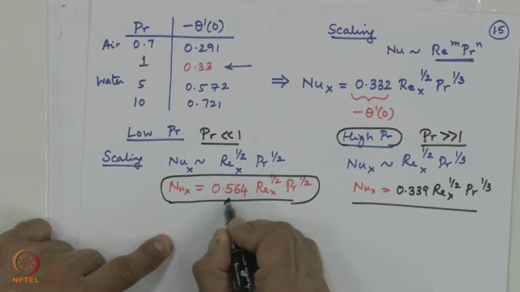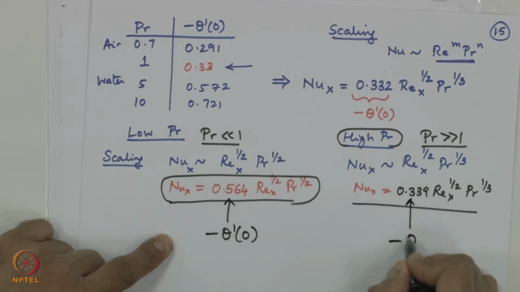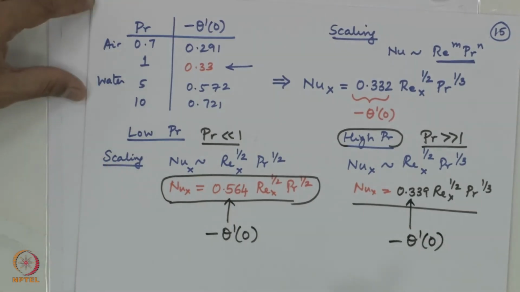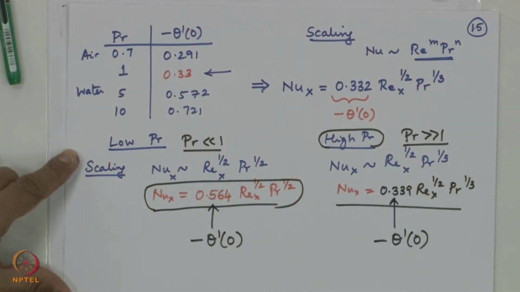What I got as coefficients, which is minus theta prime of 0, was by running this solution using some Runge-Kutta algorithm in conjunction with the momentum equation. So with this, we come to the end of the similarity method.